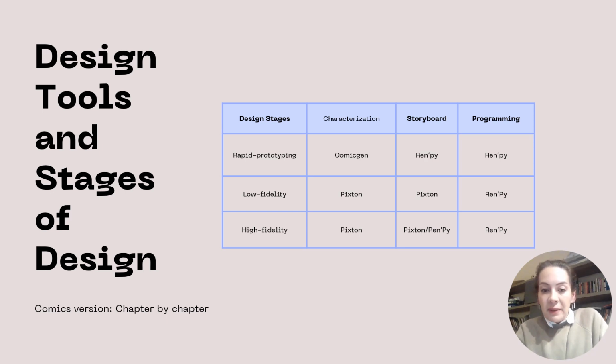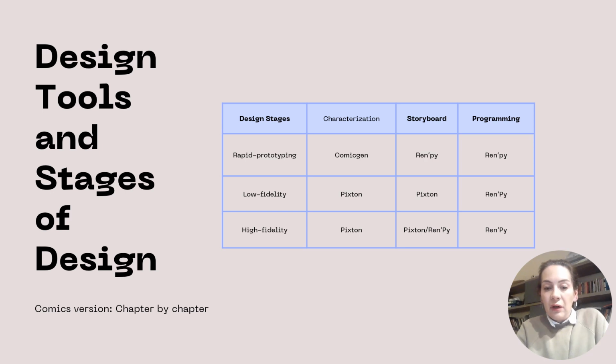So with rapid prototyping using Comic and Ren'py, we see that the system works well. So we conducted a low fidelity prototype, and this time we used Pixton because it offers a quick solution to storyboarding and characterization, because in Ren'py the coding takes too long.